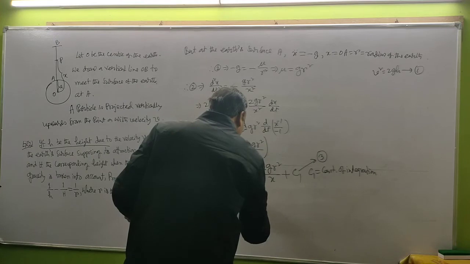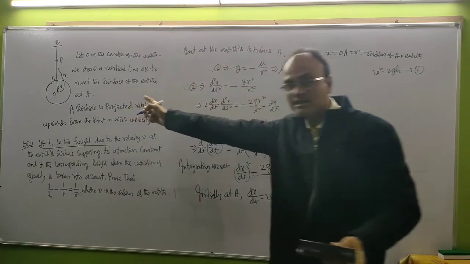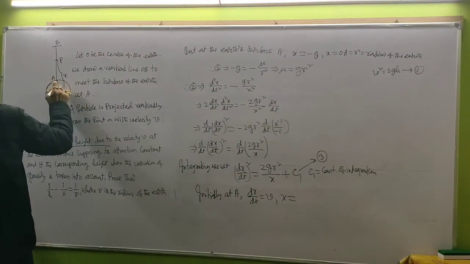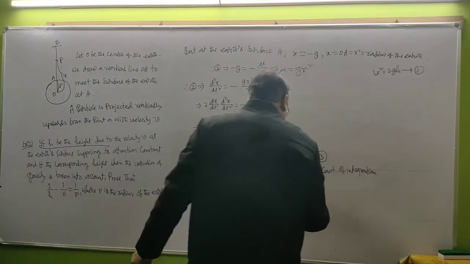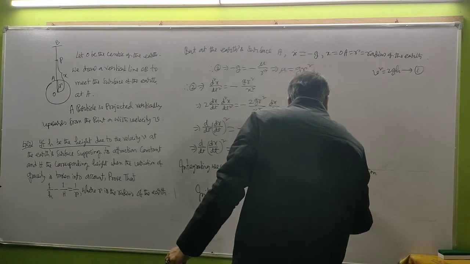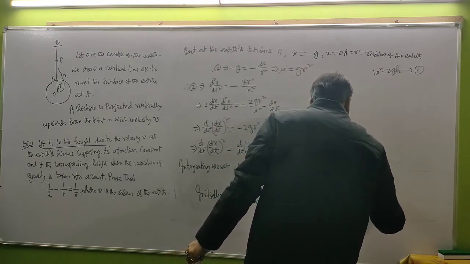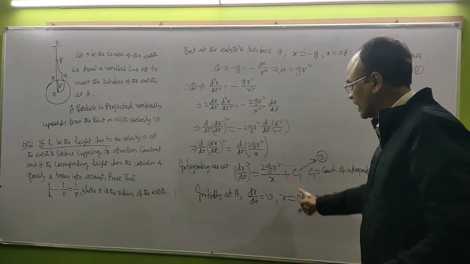So dx/dt equals v. What is x? X is equal to OA, which equals R, the radius of the earth. So dx/dt equals v, and x equals R.